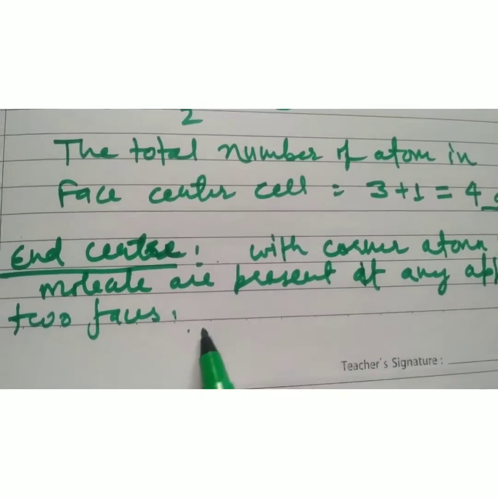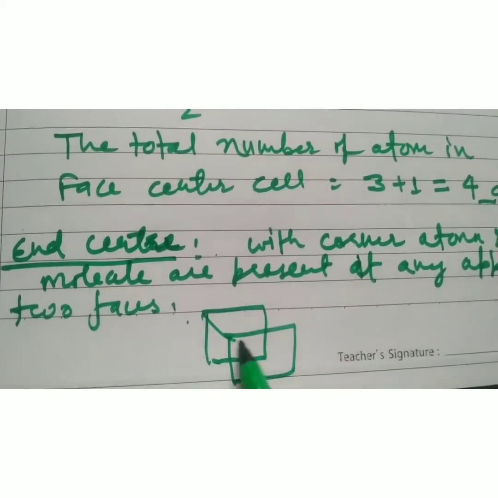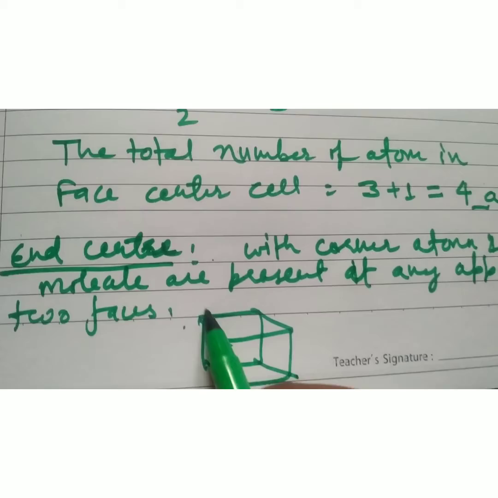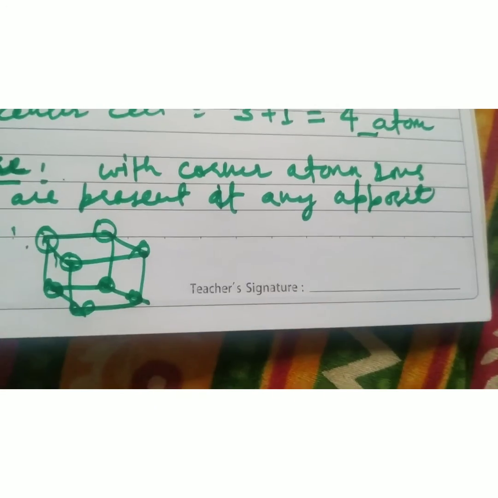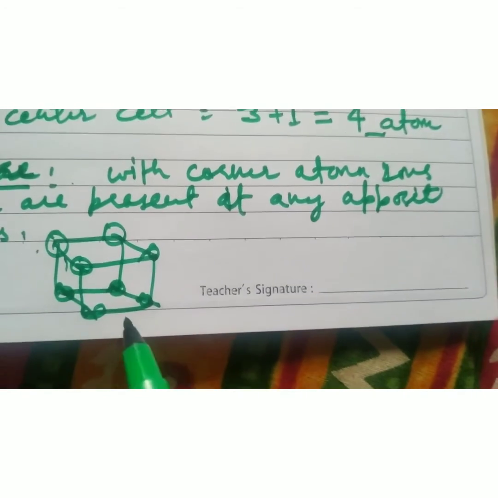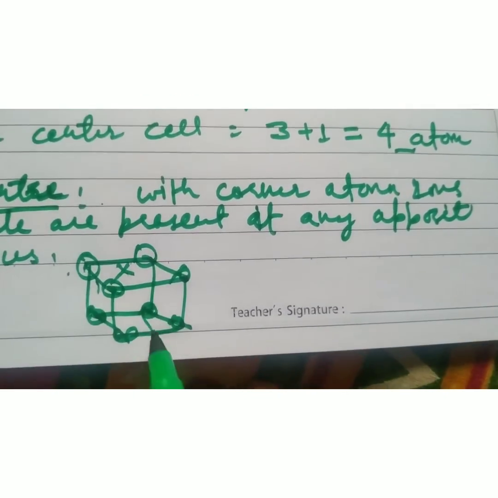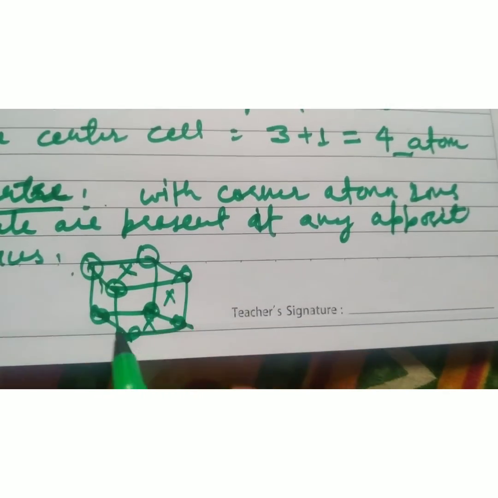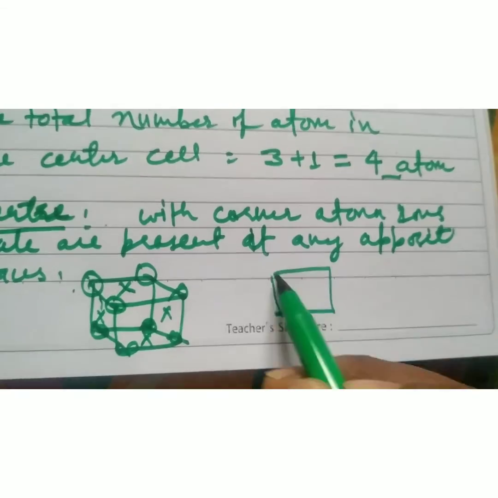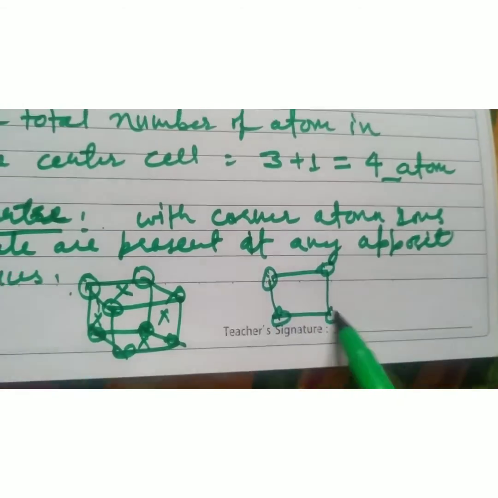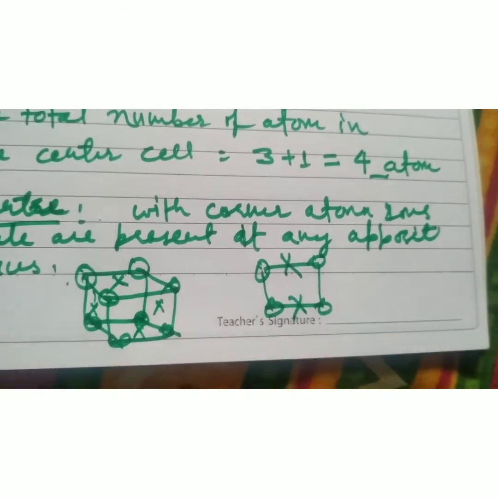Clear? So suppose this is a simple unit cell and 8 corners will contain 8 atoms. Any opposite faces: suppose one is above, the other is below. If one is left, the other is right. Any opposite faces. Suppose this is a square planar, and one face is up, the other one is down.